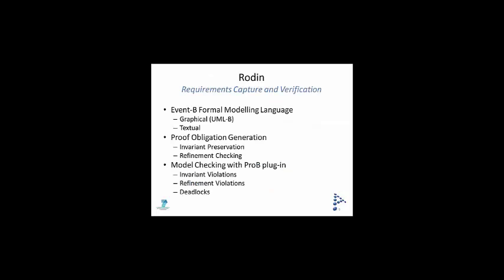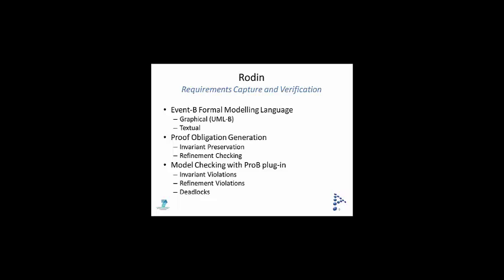Okay, so first of all, let's talk about the areas where Rodin is used. Now, as she said, we're verification guys. That's our background. But verification is just part of the problem. So this is a part of the problem, requirements capture, specification. Rodin has a language called Event B, a formal modeling language. It's a mathematical language based on set theory and first-order logic.